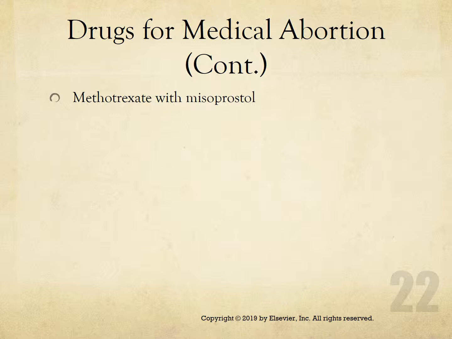You can also take a combo with methotrexate and misoprostol. There's also the method to not cause abortion, but to stop implantation. You could also take one of the morning after pills, Ella, which you need a prescription for.